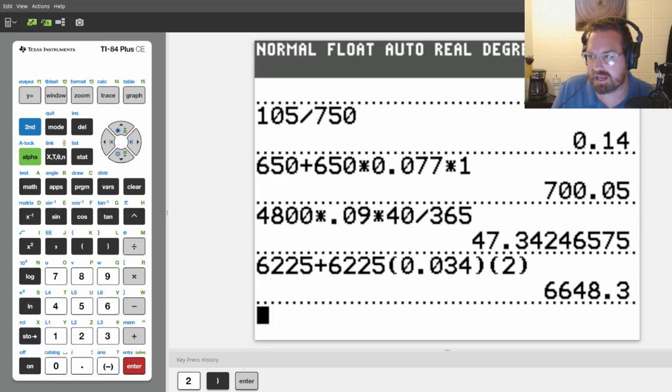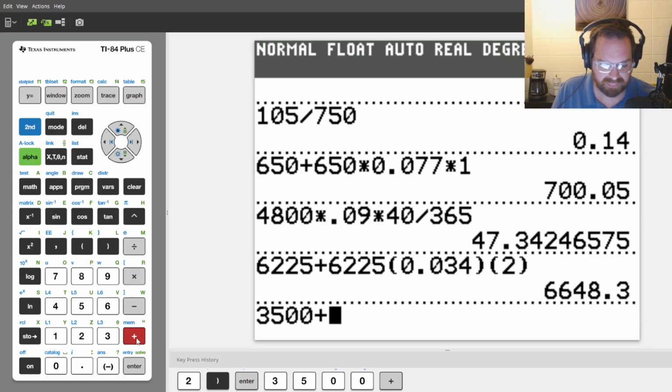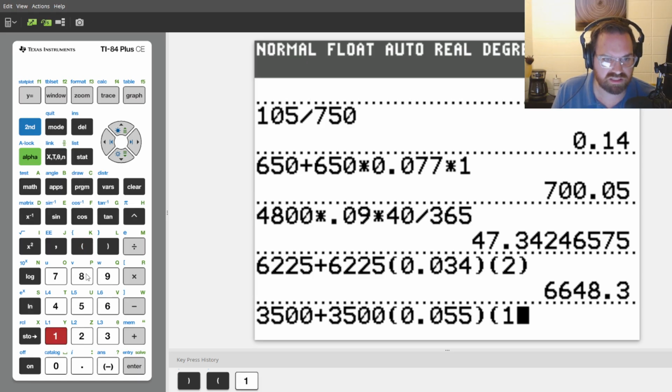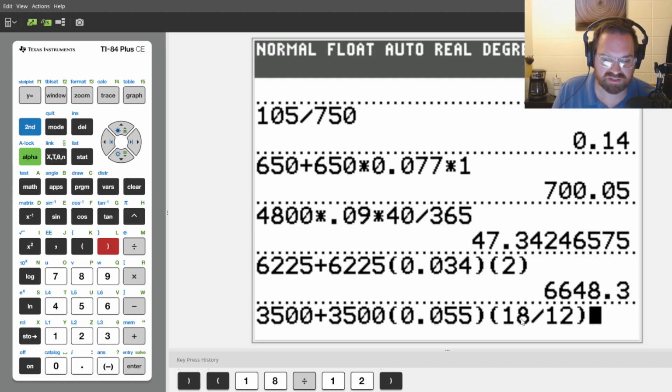They're fantastic. Let's go ahead and punch this in. So this is going to be 3,500 times 0.055, 18 over 12. So remember, 18 months. So the numerator is 18. The bottom is 12, purely because that's how many months are in a year.